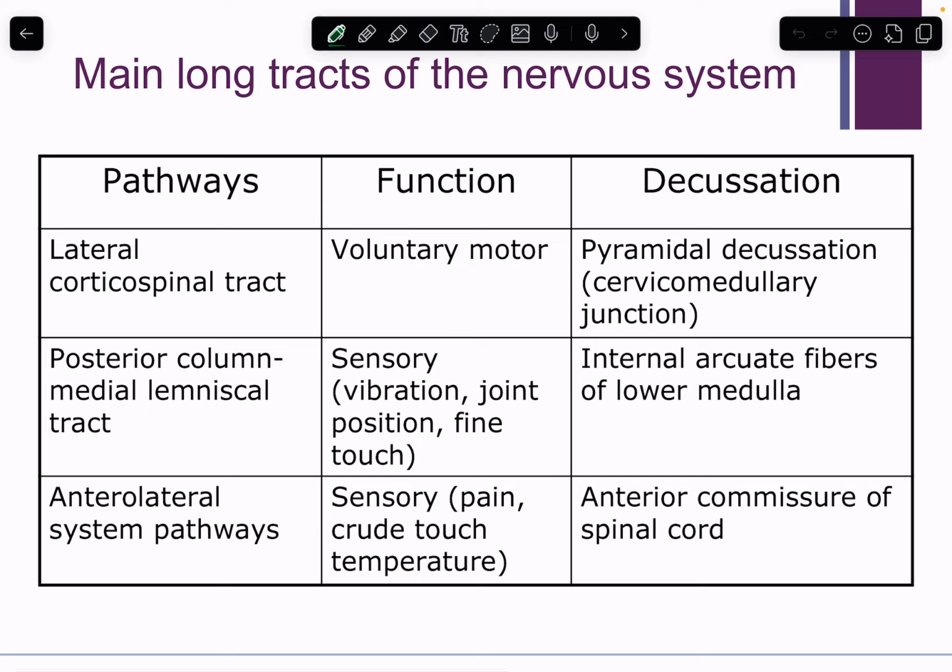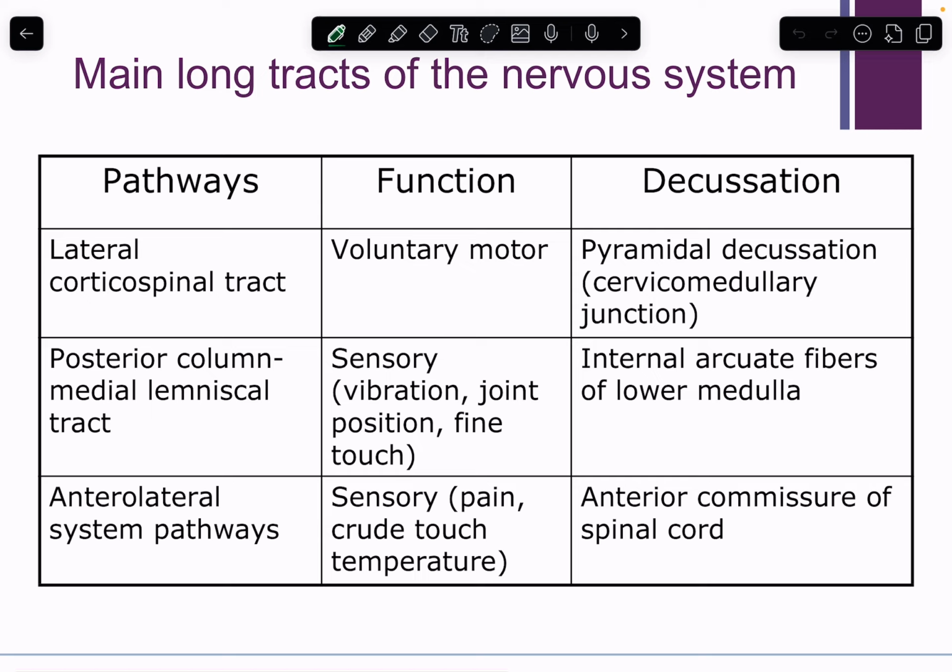It descends in the lateral column of the spinal cord on the contralateral side, forming the lateral corticospinal tract. So what happens to the anterior? The remaining fibers which do not decussate, that do not cross, form the anterior corticospinal tract, and it controls the proximal and axial muscles.